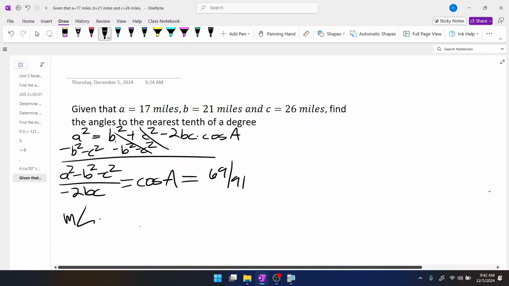So the measure of angle A is going to be the inverse cosine of 69 over 91, times 180 over pi, and we're going to get 40.7 degrees.